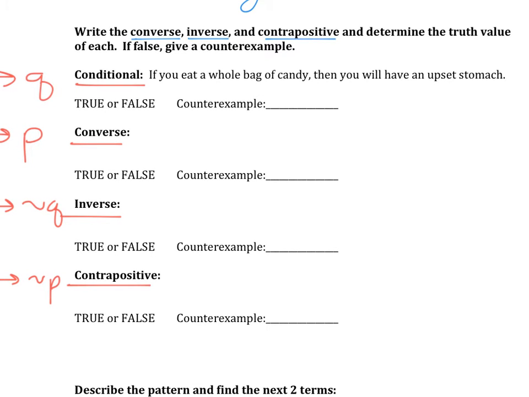All right, so here it is. The conditional statement says, if you eat a whole bag of candy, then you will have an upset stomach. Generally speaking, I would say that is a true statement. Okay, so we're going to call that true. The converse of that is just going to flip our if part with our then part.